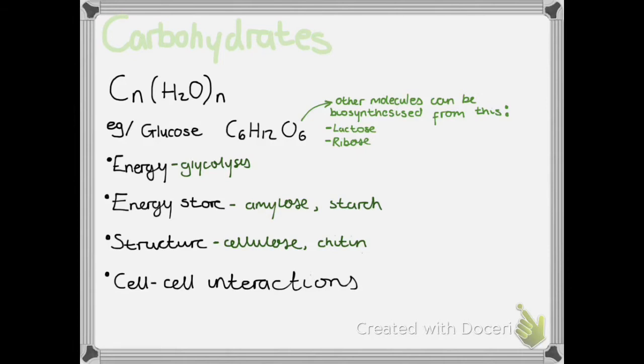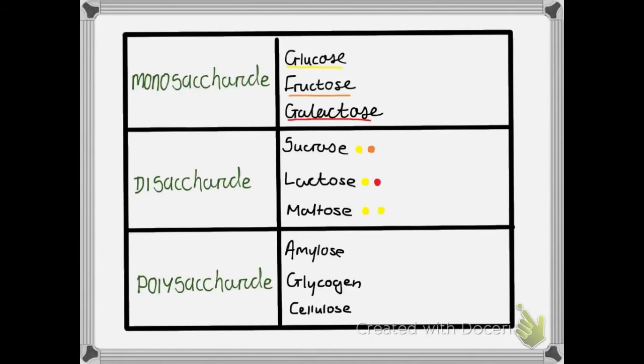So you've got your glycolipid receptors. They have 3 layers, the simplest being the monosaccharides, which are just one molecule. This can be your glucose, your fructose or your galactose. You then have disaccharides, which consist of 2 monosaccharides joined together by a glycosidic bond.